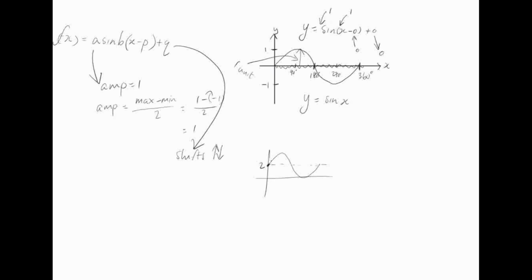The number doesn't really matter. What I want us to see is that this was the mother graph, just shifted maybe 2 units up. So then this would be my q value. My q value is my new resting point. q shifts up and down, and it determines a resting point.